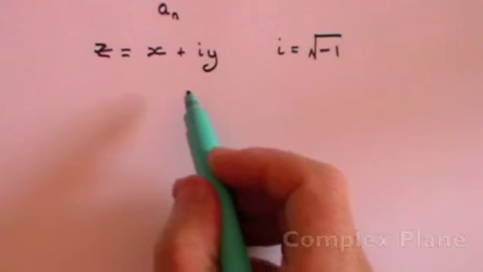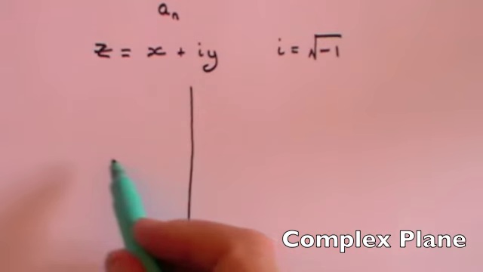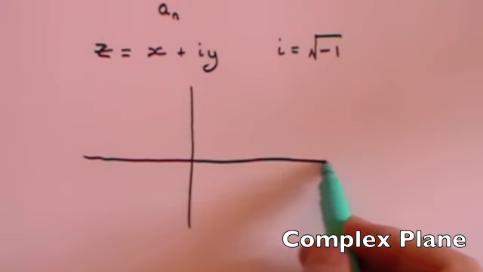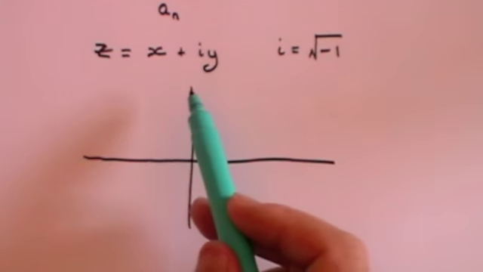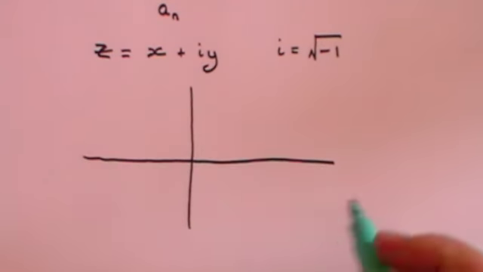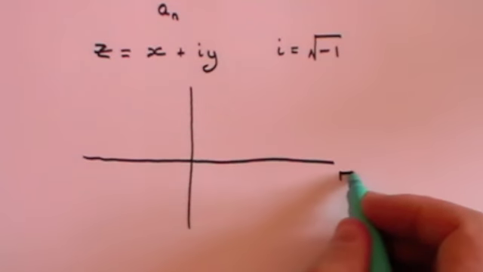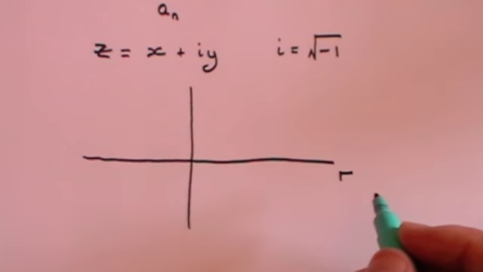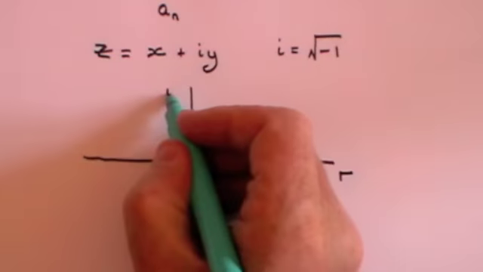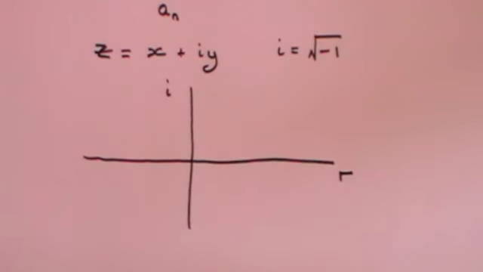Now you can represent a complex number on what's called the complex plane, which is essentially a graph. We would normally call this the x-axis and this the y-axis. But what we now do on a complex plane is we call this the real axis, that's where the real number will be shown, and this is the imaginary axis.